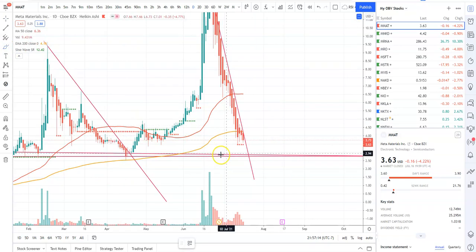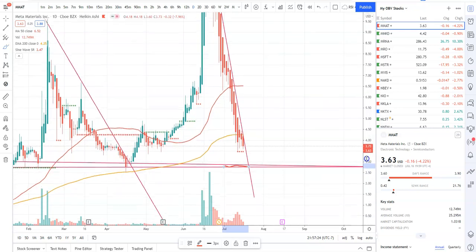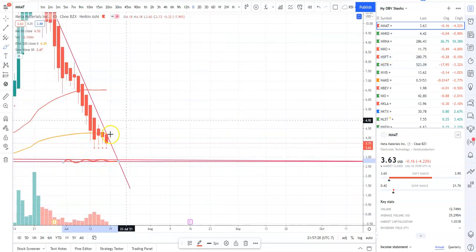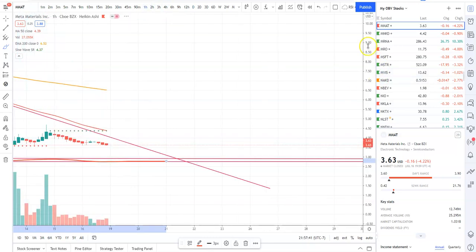So right in here looks to be a very, very strong area of support for MMAT, right between around 286 and 270. That area there looks to have a lot of support. We are still a little bit of ways away from it. Are we going to go all the way down there? I don't know, but if we do, a little bit of market weakness coming up here in the next couple weeks, so it's definitely on the table, definitely a possibility.